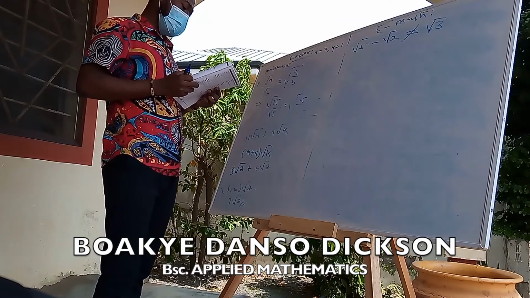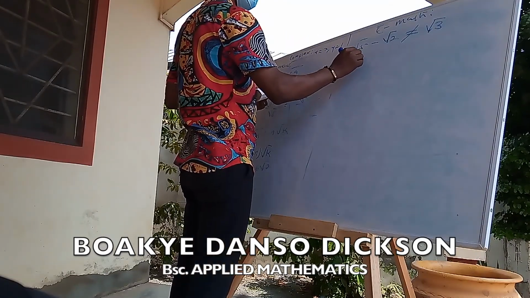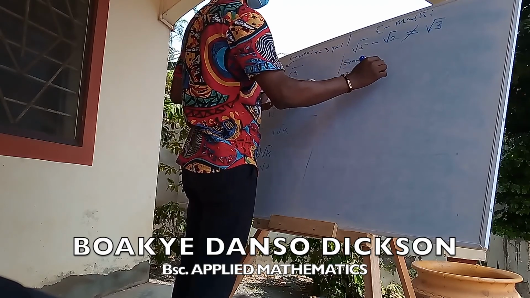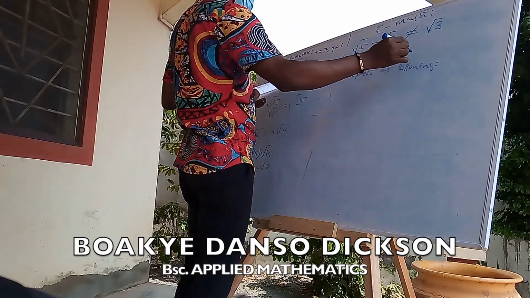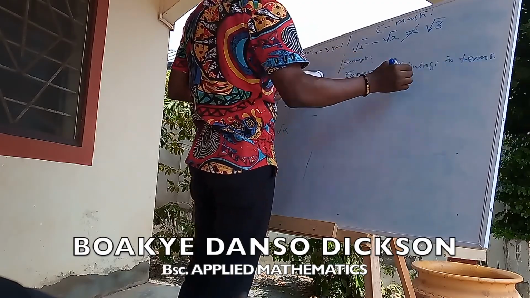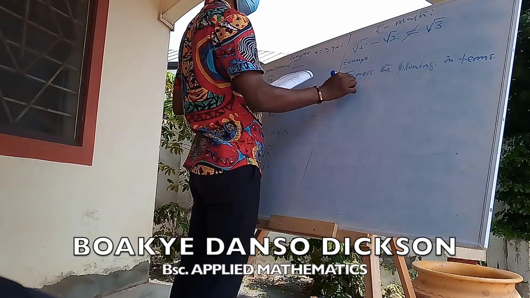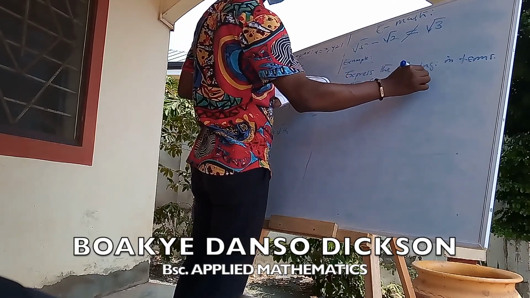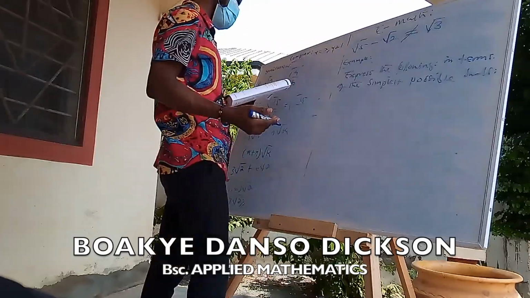Example 1. Express the following in terms of the simplest possible sets. Simplest possible sets.